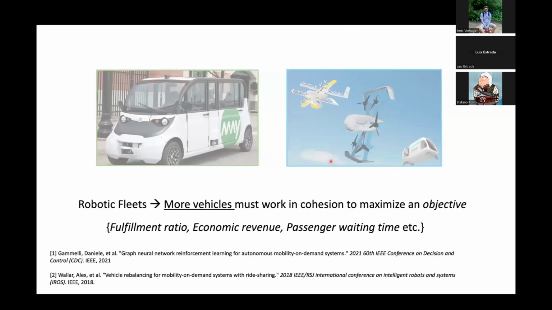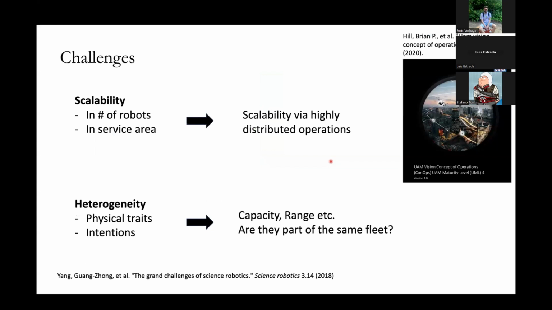But the challenges are when these fleets get increasingly large, then solving these optimization problems as a coordination control problem is not always straightforward. For example, we have the problem of scalability in the number of robots. When we have a large number of robots in this fleet, it's not always feasible to coordinate them from a central location.